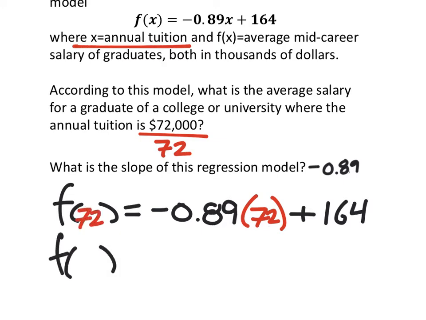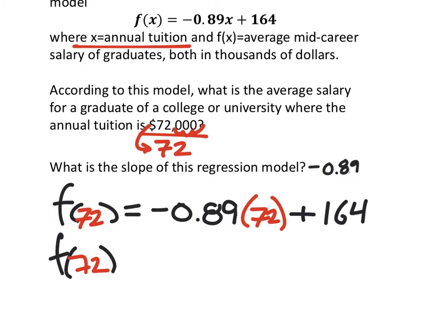The reason we're using 72 is because everything in the equation is based on thousands. So where this is $72,000 of annual tuition, you're just going to move that decimal 3 times to the left to make it 72, which converts it into thousands.